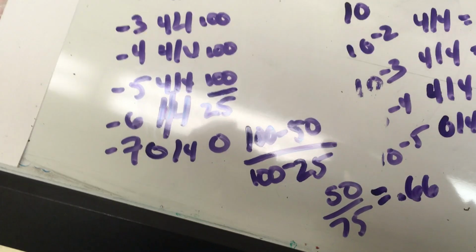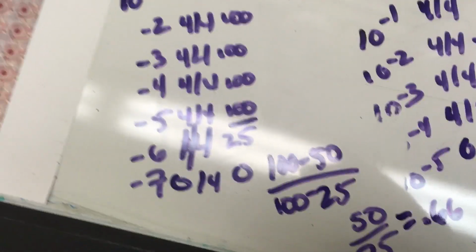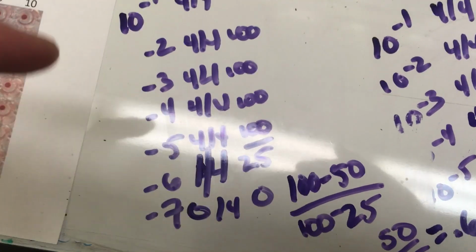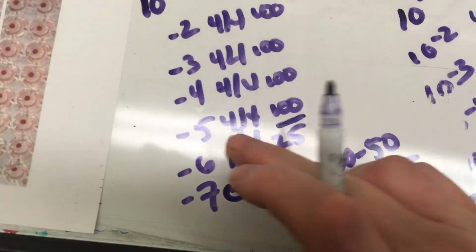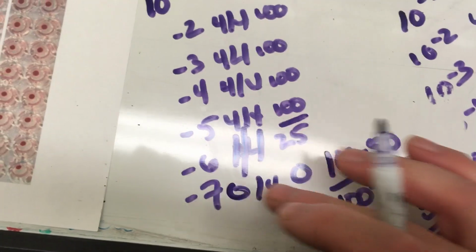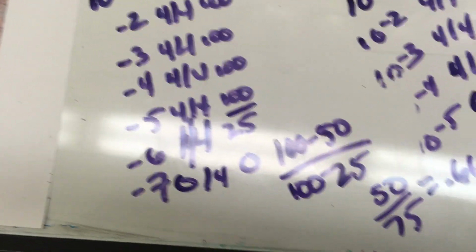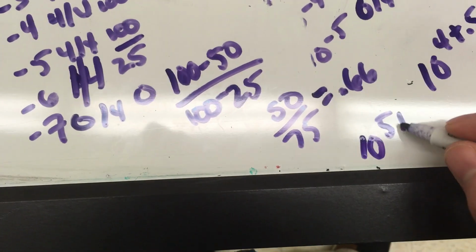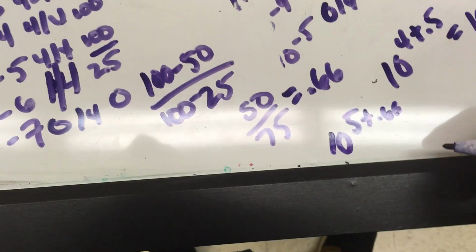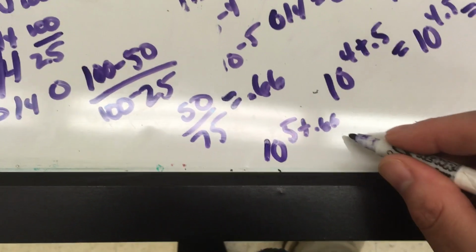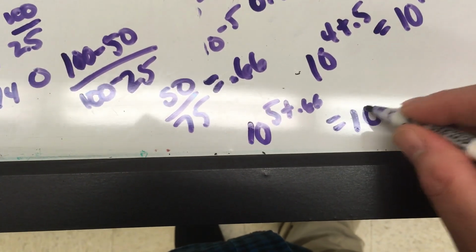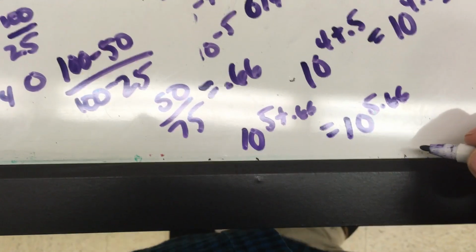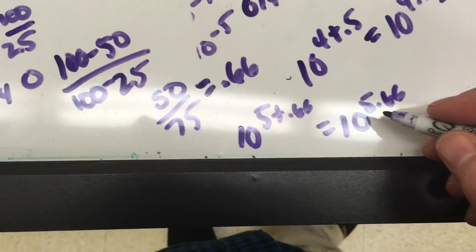Okay, next we need to go back and find the dilution that is the next highest above 50. In this case, it's that negative 5. So we take the reciprocal of that, 10 to the 5th, and add that 0.66. So it's going to be 10 to the power of 5.66, and you're going to use your calculator to calculate that.